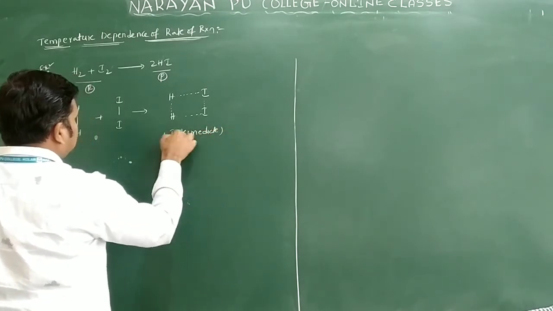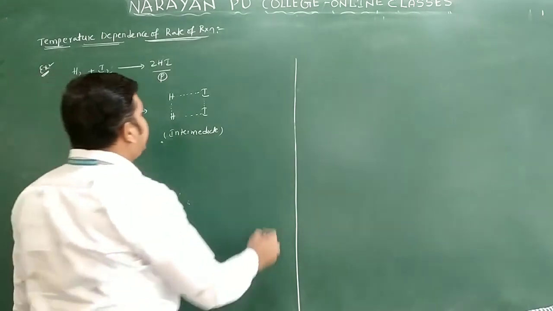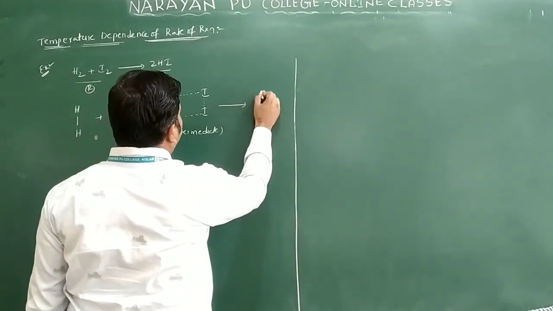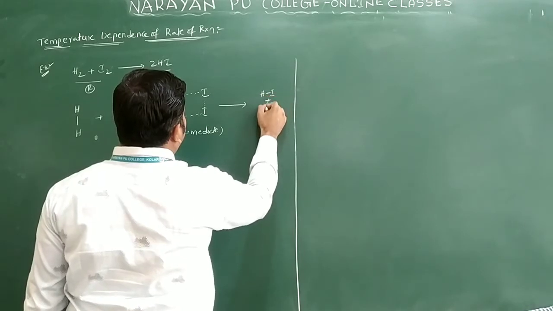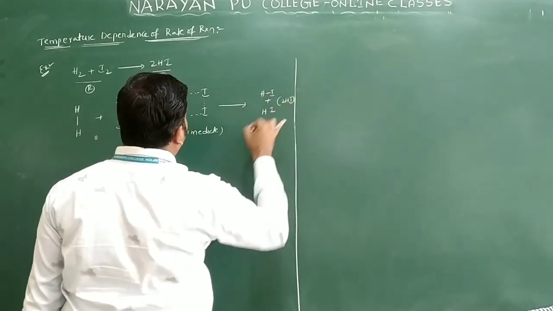H2 and I2 first combine to form an intermediate, and that intermediate can dissociate to give HI plus HI, two HI molecules.